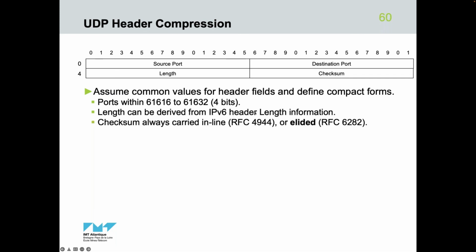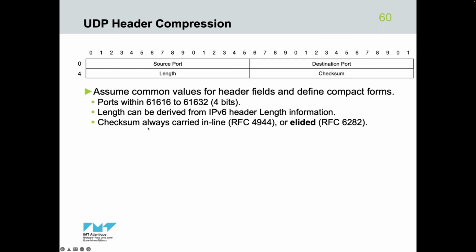Next, regarding the UDP length field, it can also be elided, similar to the IPv6 payload length, since it can be inferred from the lower layers.